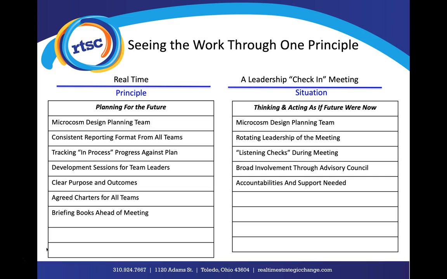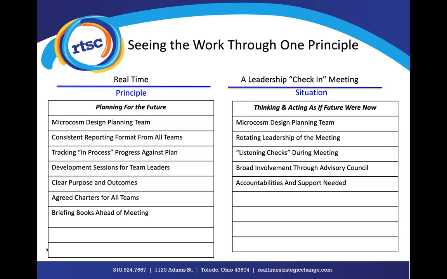I might be tracking in process progress against the plan, all part of planning for the future. Development sessions for team leaders, having a clear purpose and outcomes for our agenda, agreed charters for the team, briefing books ahead of the meeting. These are all things that I might do to get ready for my leadership check-in meeting.